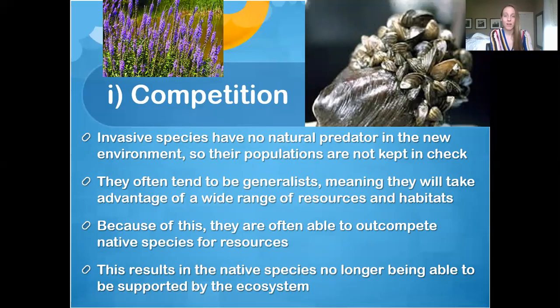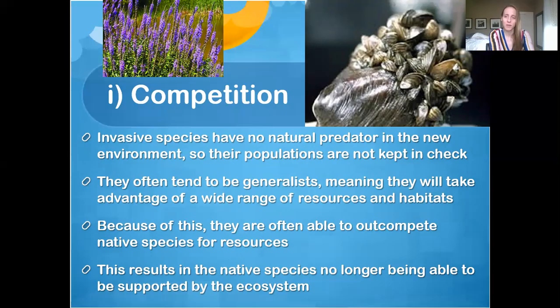And then, like I said, they also tend to be really good competitors. So as soon as they start accessing food or other resources more easily than the native species, that native species starts dying off. So at the top here, we have an example of the purple loosestrife, which is an invasive plant species, which is really good at spreading, and it tends to outcompete other plants for sunlight because it can grow really quickly.